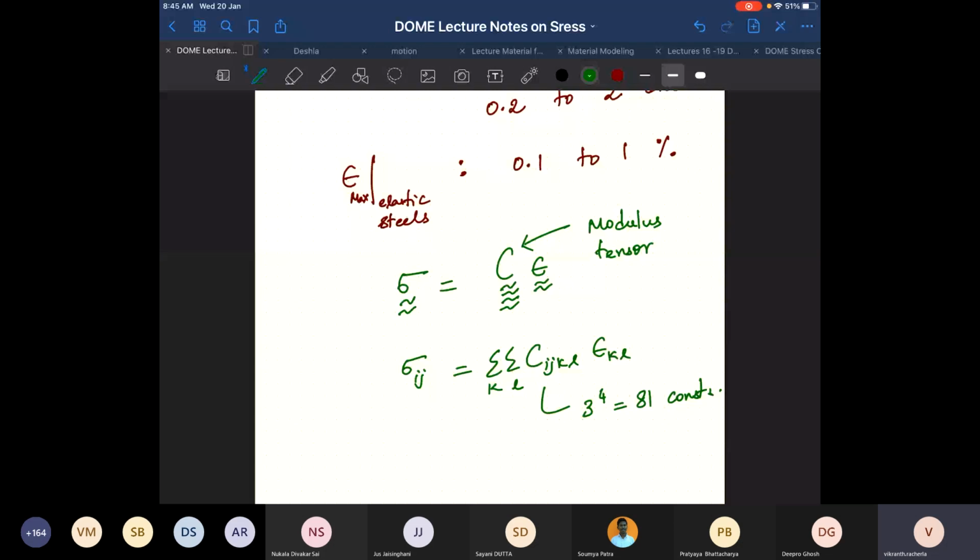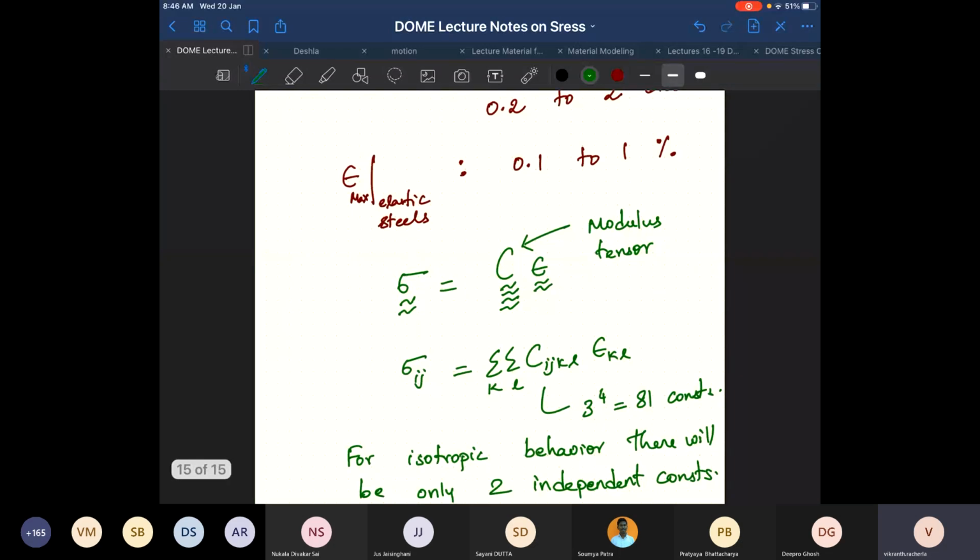Now what you can show is that for isotropic behavior, there will be only two independent constants.